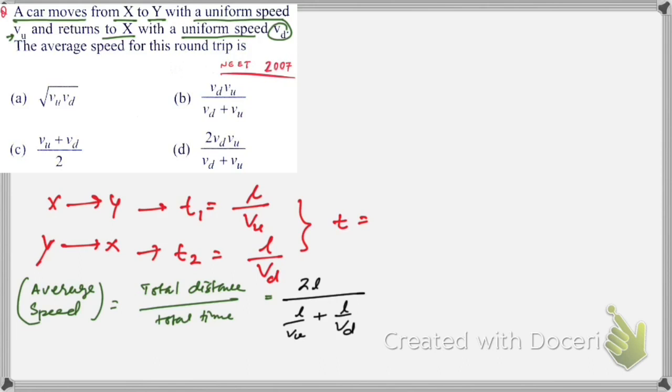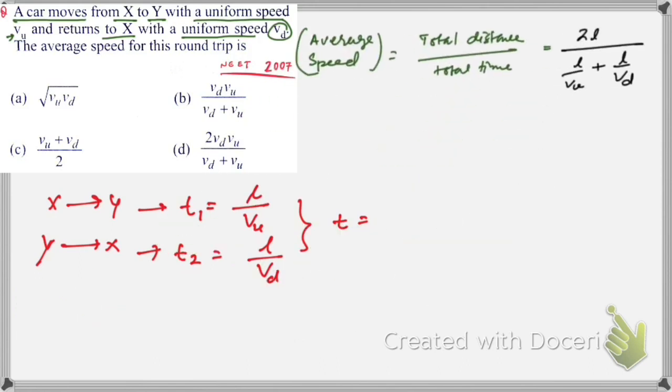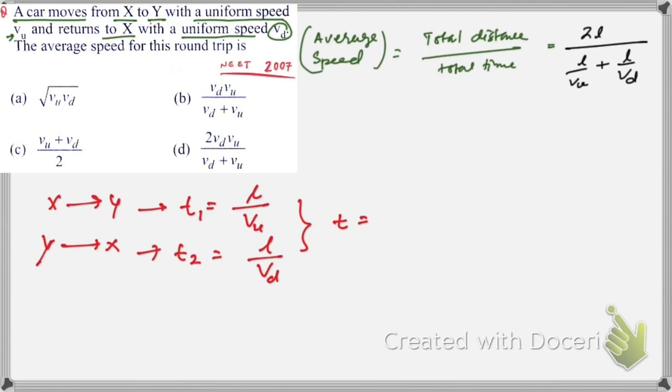Now you see, from this relation what you will get: 2L by, here L is taken common, 1 by VU plus 1 by VD.